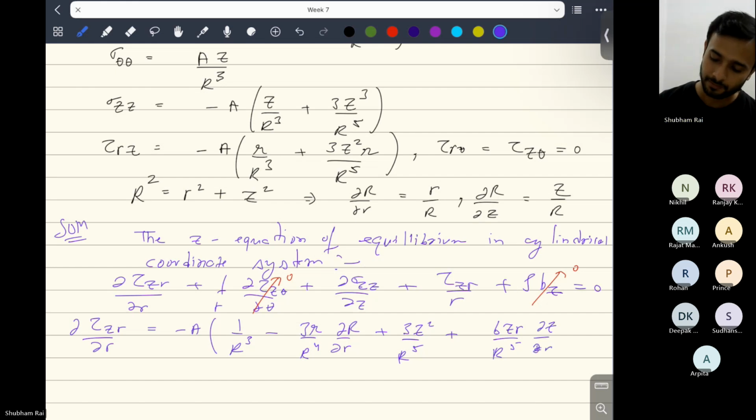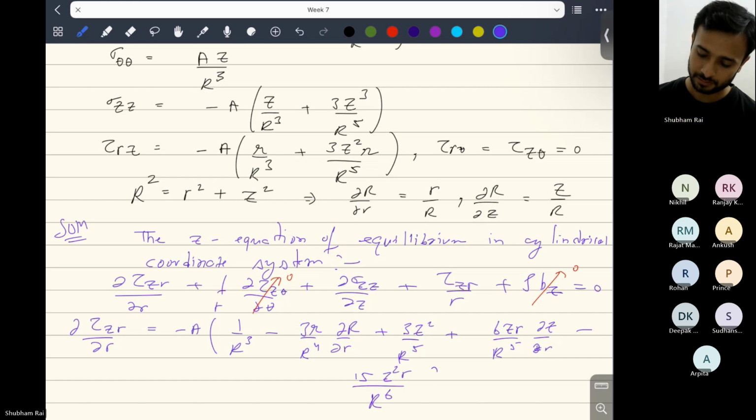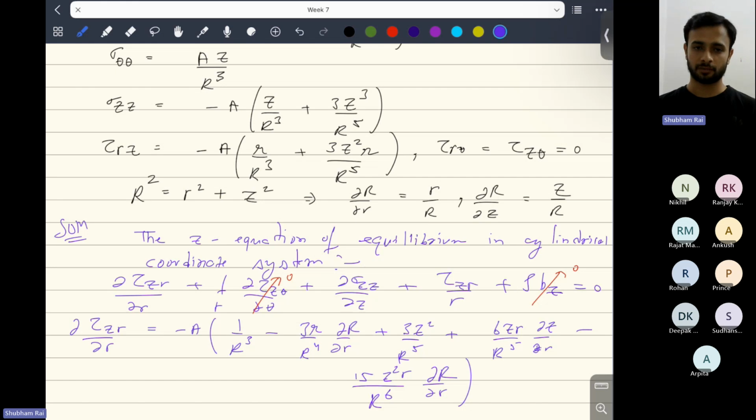Then, minus, because I differentiate capital R to the power 5 with respect to small r, I get 15 z square r over capital R to the power 6 times del of capital R over del small r. It is 15 because 5 comes from here and 3 is already there.